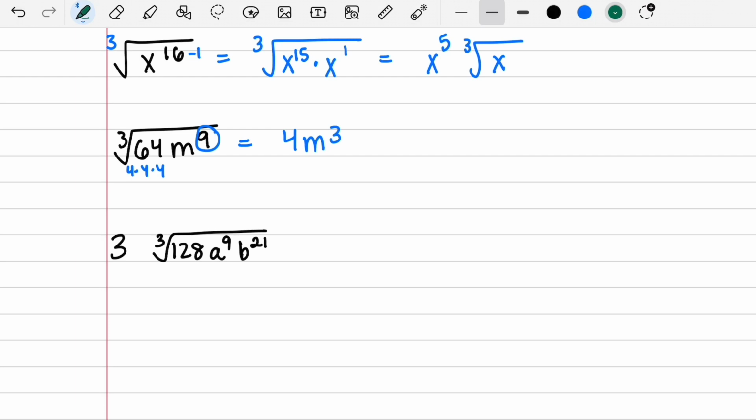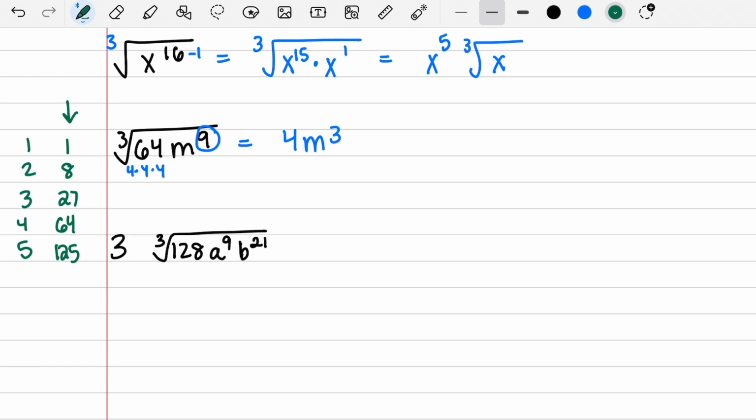For finding the cube root of 128, you could break it down by prime factorization and then look for groups of 3, or you can list your perfect cubes. We have 1, 2, 3, 4, let's do 5: 1 cubed is 1, 2 cubed is 8, 27, 64, 125.